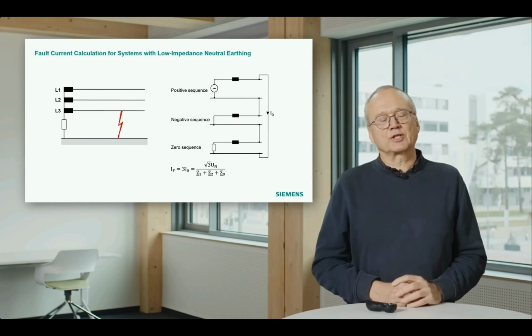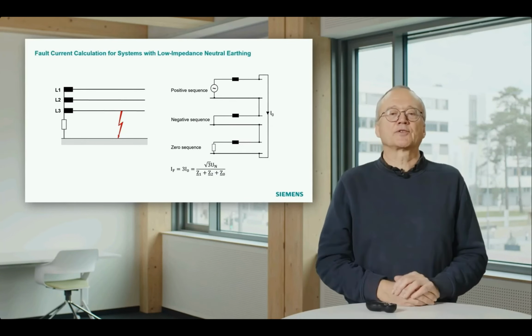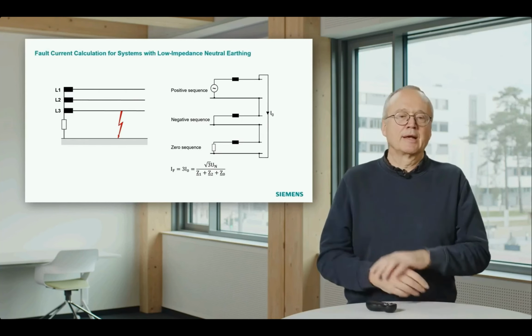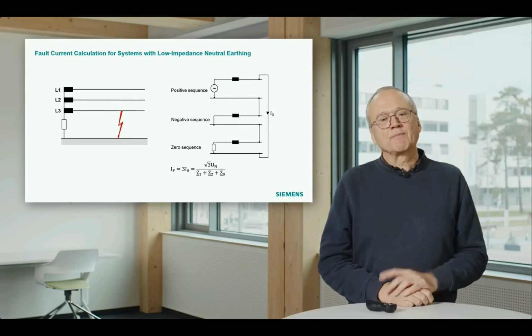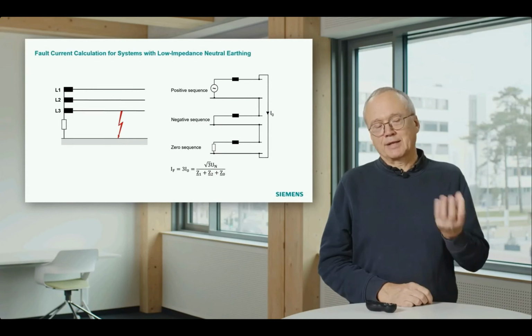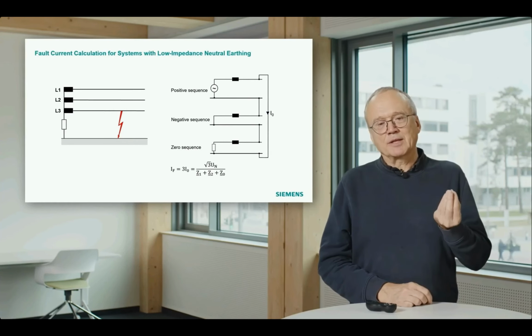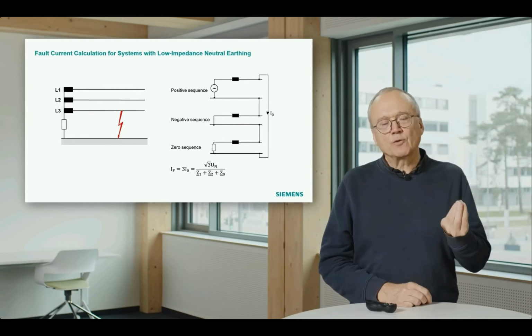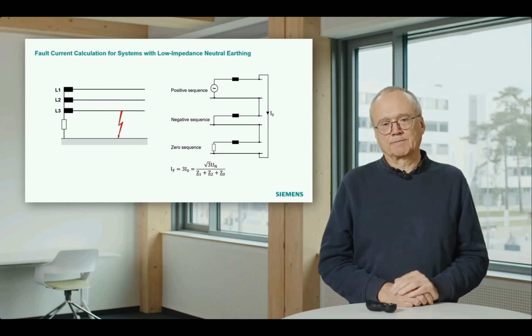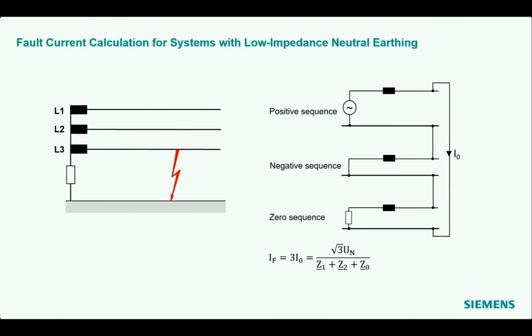What can you do with such a resistor? You can now make the same representation with symmetrical components. What you find then is, and that is easy to understand, that this resistor influences the earth fault current. That means the bigger this resistor is, the lower the earth fault current is.